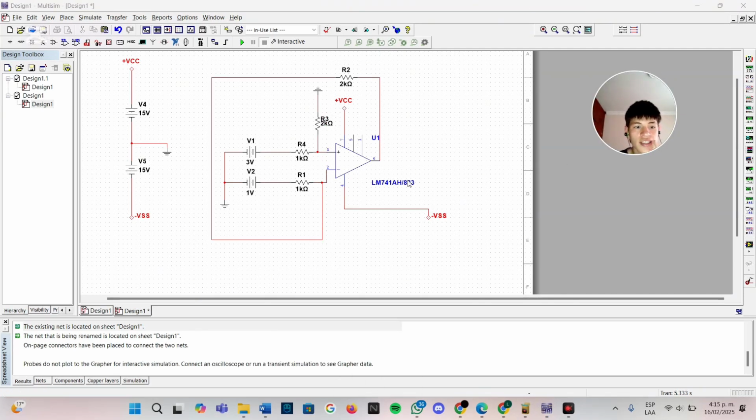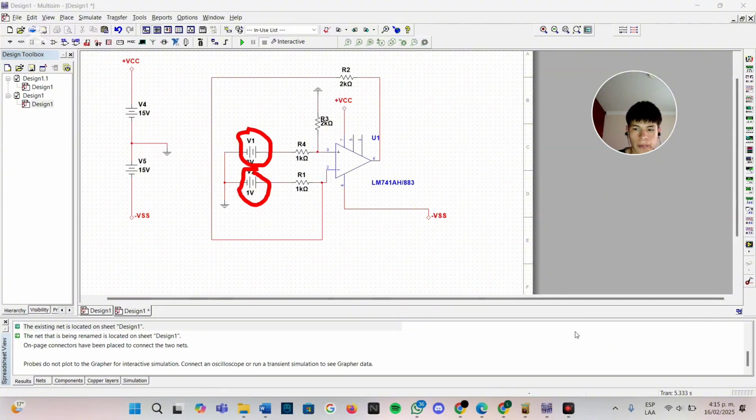Okay, what this does is that it divides resistance 2 by resistance 1, it is this and it is this, and multiplies the subtraction of the two input voltages, this and this.